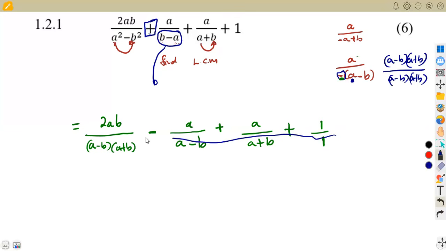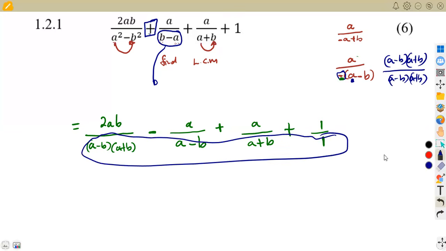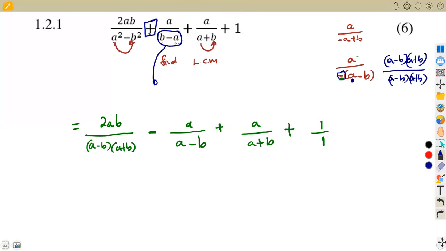So we need to find the LCM of everything that we are given here. Remembering from our Mathematics N2 that for the LCM, each and every bracket, each and every term that is present must be taken. But we do not repeat the terms if they appear twice.